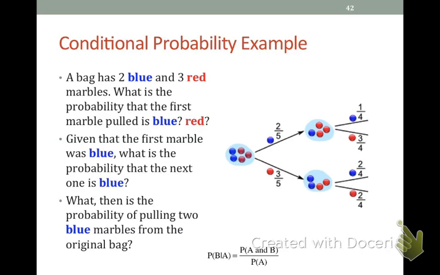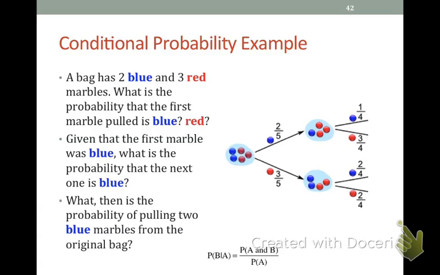3/5, correct. Given that the first marble was blue, what is the probability that the next one is blue? Given that you've already pulled 1 blue, what's the probability that the next one is going to be blue? Luke? 1/4. You got it. What then is the probability of pulling 2 blue marbles from the original bag?